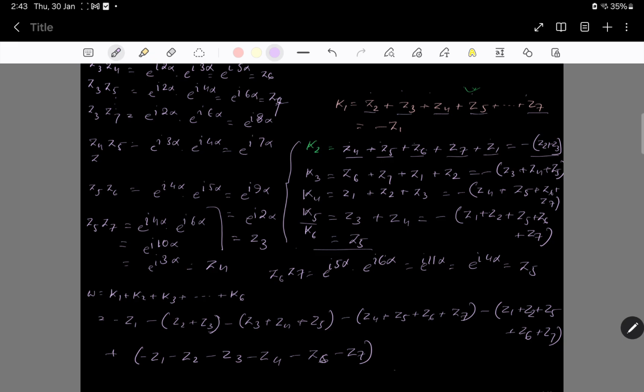Okay, now observe that each and every term like z1, z2 and z3, and everyone has the negative sign in front of them, and they are appearing exactly thrice in this whole expression. So it becomes minus 3 z1 plus z2 plus z3 dot dot dot z7.